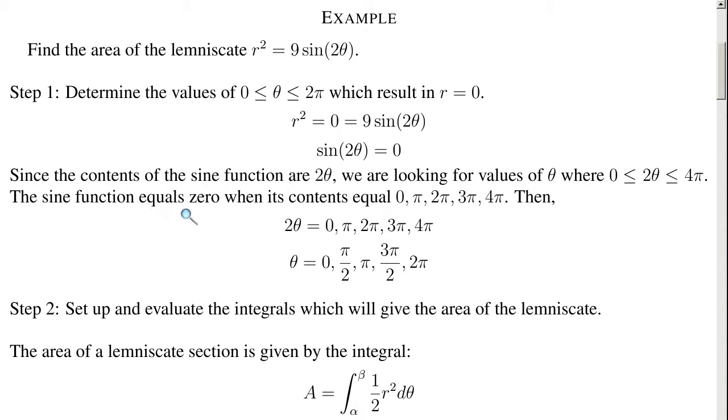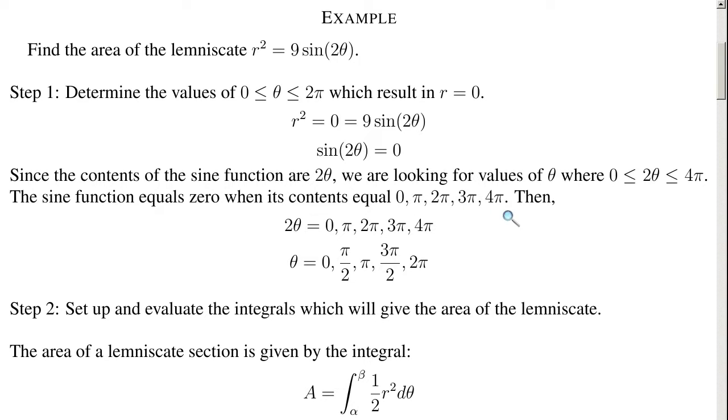The sine function equals 0 when its contents equal, well, what do we know about the sine curve? When the angle is 0, we know this from the unit circle, the sine is equal to 0.